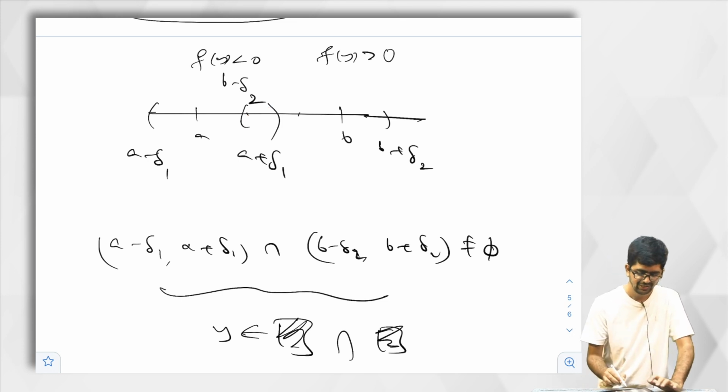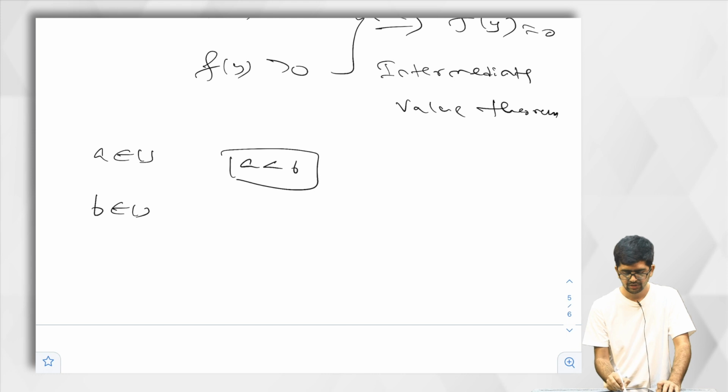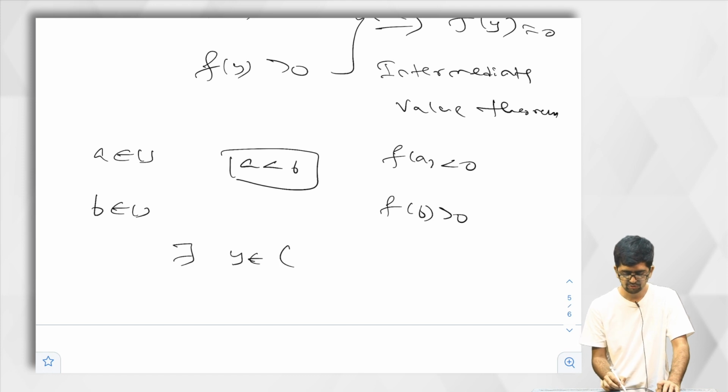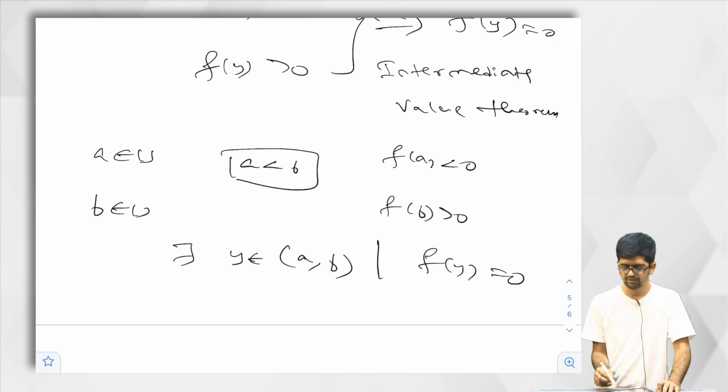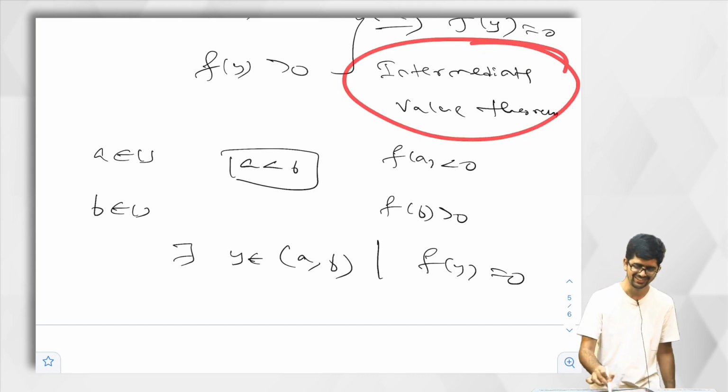So what does this say? If I take an element a belongs to U, b belongs to U with a less than b, such that f of a is negative, f of b is positive, there exists a y belongs to (a, b) such that f of y is 0. This is what is called the intermediate value theorem, as I have written here.